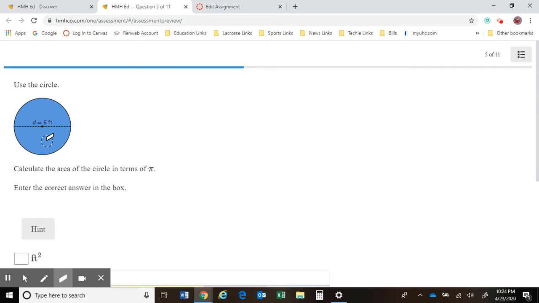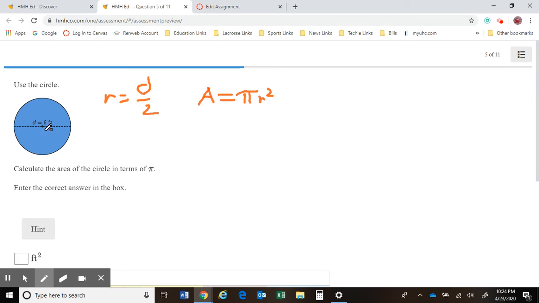Now this one wants me to calculate the area of the circle. I know that radius is diameter divided by 2, and I know that the area of a circle is pi r squared. Squared doesn't mean times 2; it means you multiply it times itself.